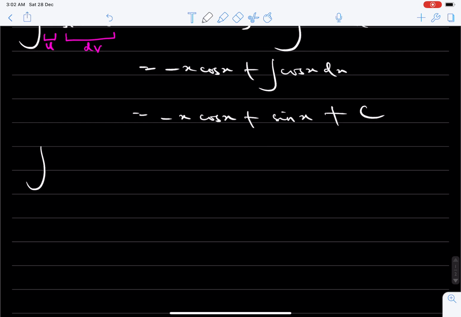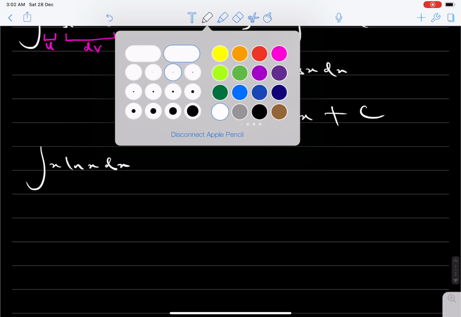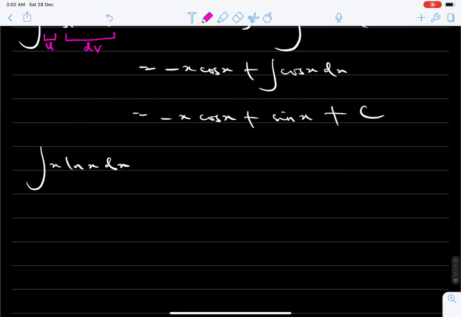Let's take another one. Evaluate the integral of x ln x. What do we choose as u? Here, u is ln x and dv is x dx, because the derivative of ln x is simpler than ln x.